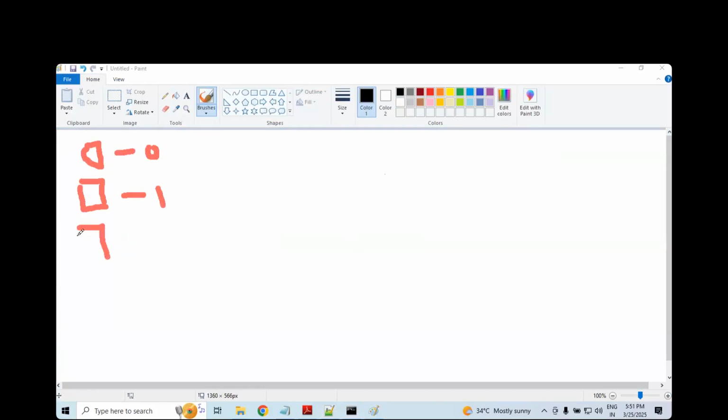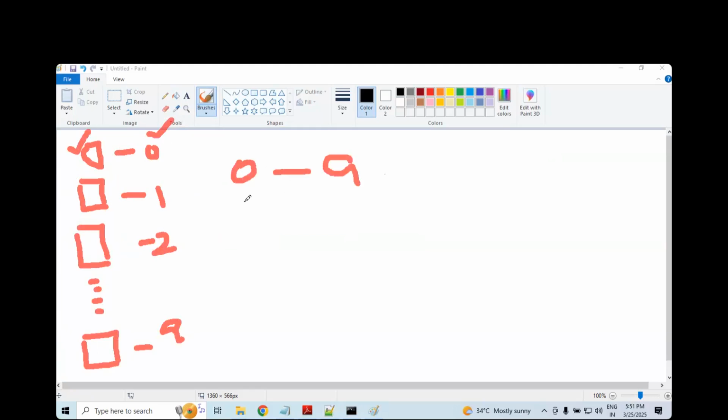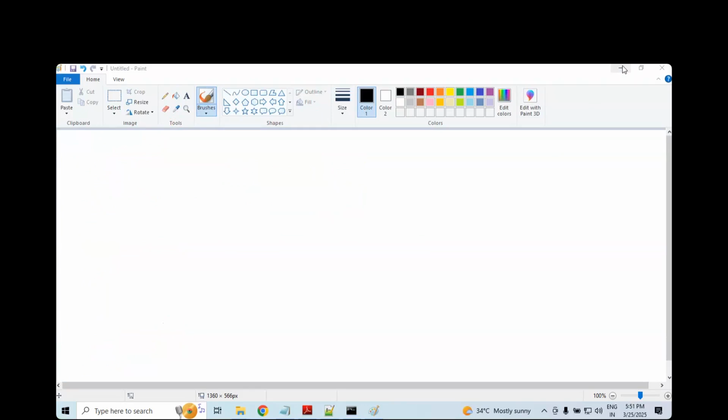The next image has 2, and keep on like this. And the last image has the target variable 9. Make a note of this: for every image there is a target value, and the target should be 0 to 9. This is very, very important. Are you clear or not? This is a basic fundamental you should know.